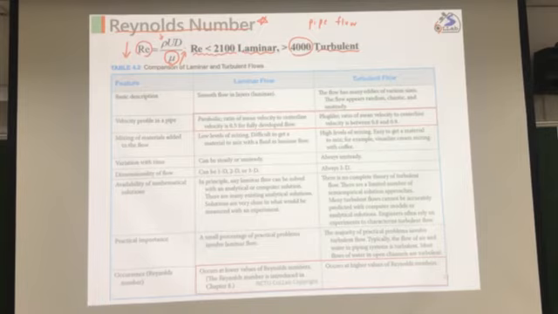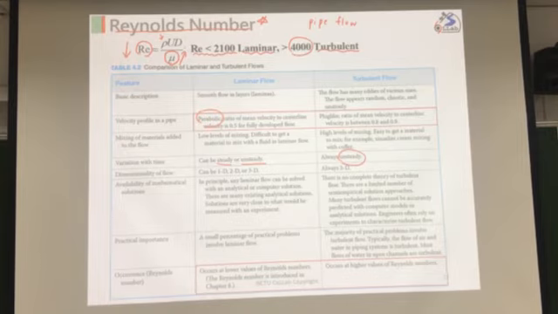Okay, so turbulent flow is usually unsteady, but laminar flow may be sometimes steady, sometimes unsteady. That's why we introduced steady and unsteady flow before. And you see, for laminar flow the velocity profile is usually parabolic.